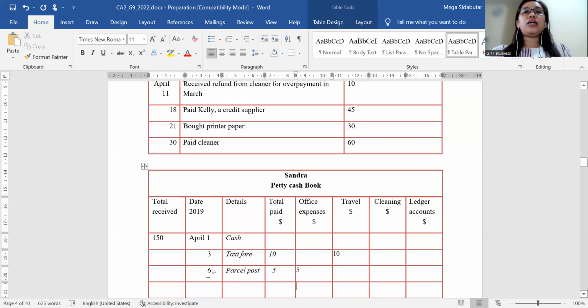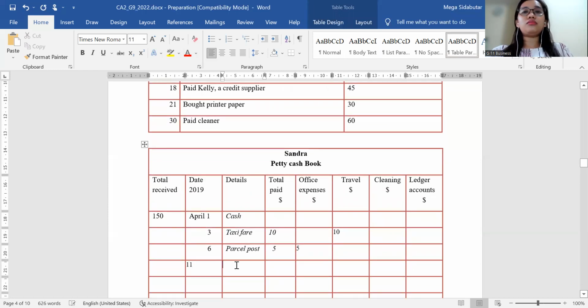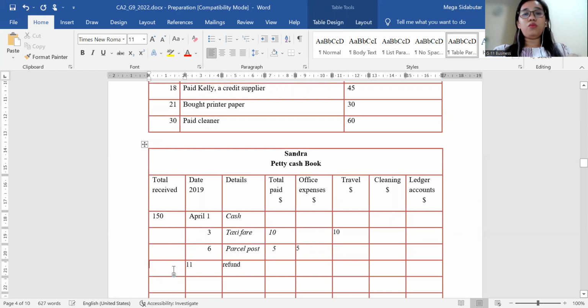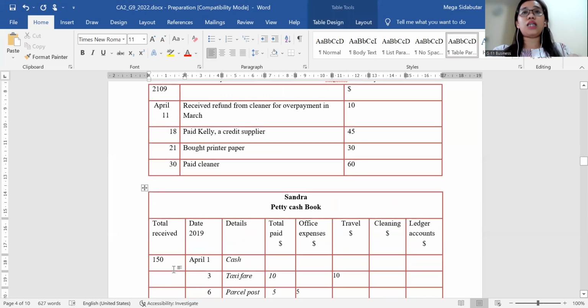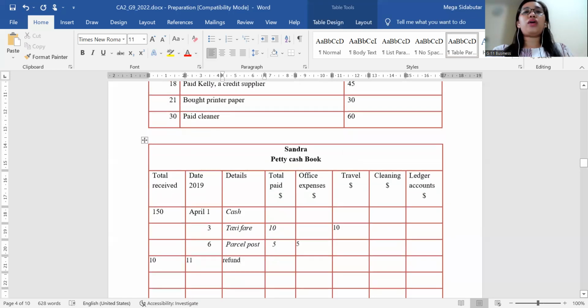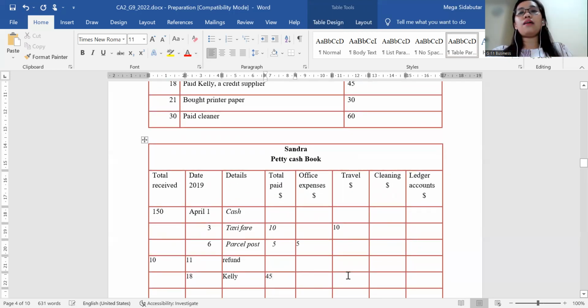Now we are going to the 11th. It's a refund. Since it's a refund from cleaners, we will put it into the total receipt, which is $10. And then we are going to 18 April. That will be pay Kelly, a credit supplier, 45.